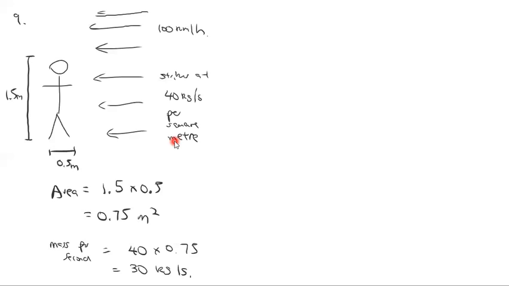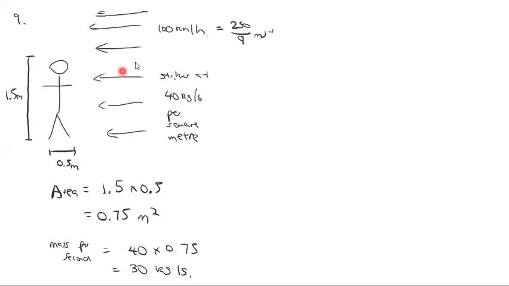More importantly, what you need to understand is that there is this amount of air coming in, mass per second, at this speed, which we need to change into meters per second. And this wind will then hit the person and go to rest.